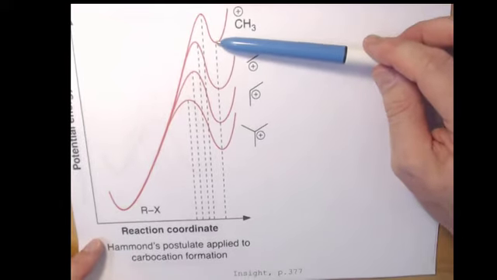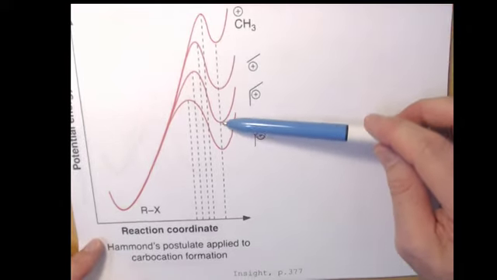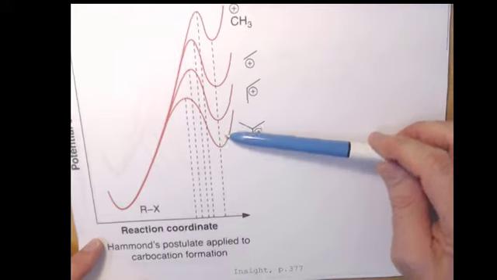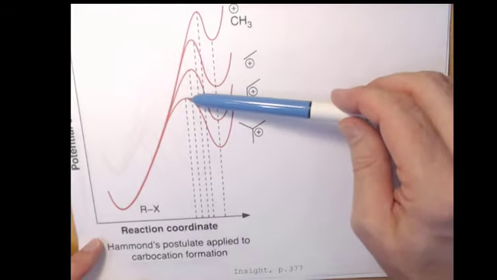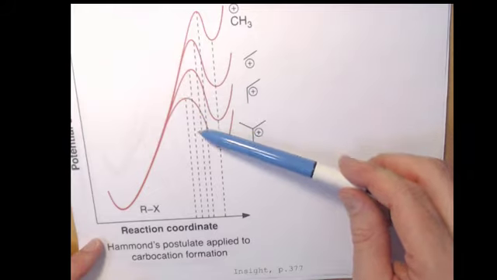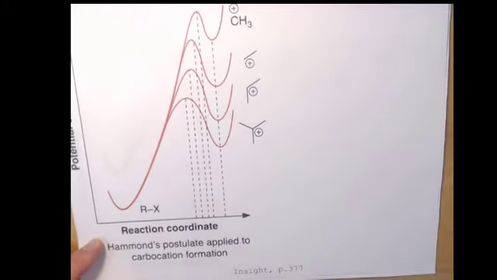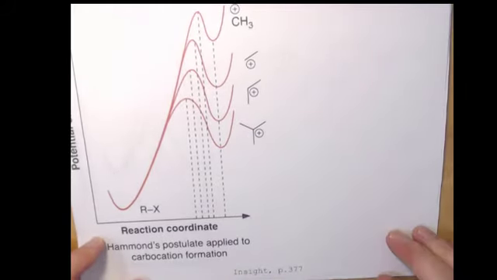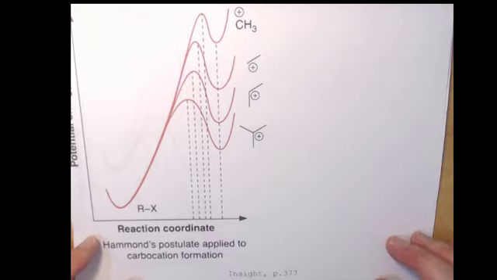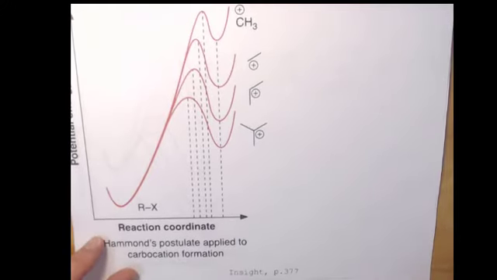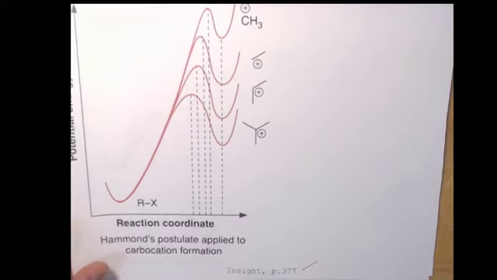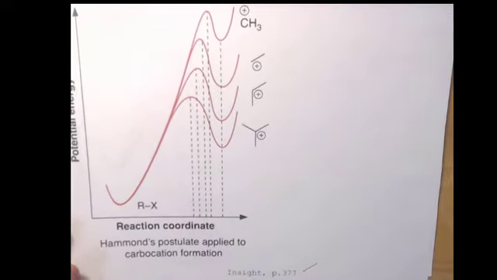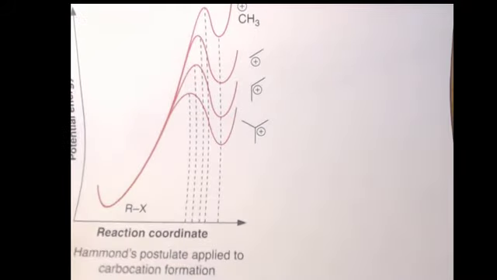So again, with the Hammond postulate, we see that as we stabilize the carbocation, the energy of that transition state also comes down, as we saw illustrated in the generic or theoretical form in the previous slide. Now this is from the insight in your textbook on page 377. I encourage you to read that and understand it in detail.